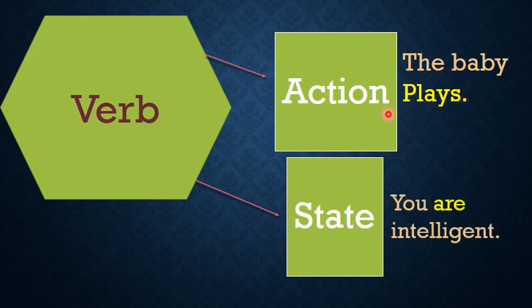In the second sentence, you are intelligent, the verb is are, as it is highlighted here. We notice that in the first sentence, we are talking about a physical action, and in the second example, a state, which means a situation.